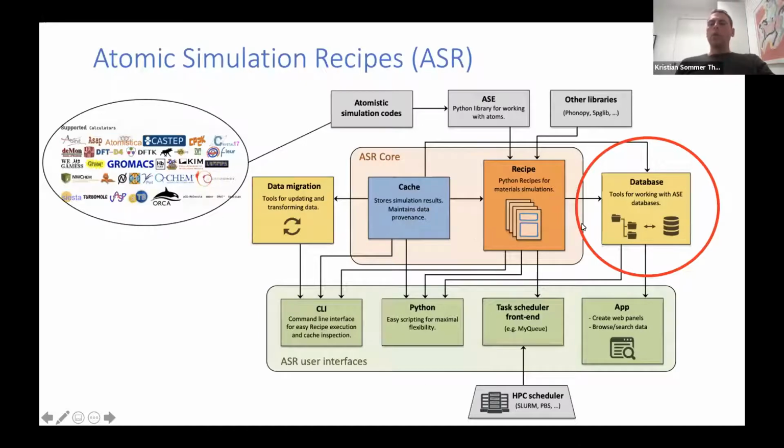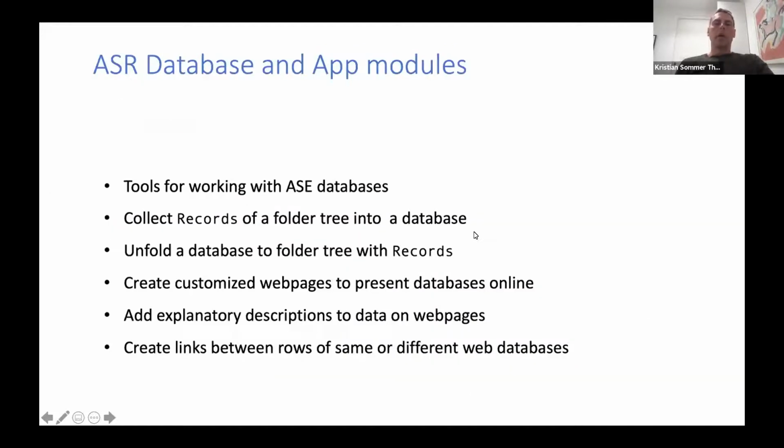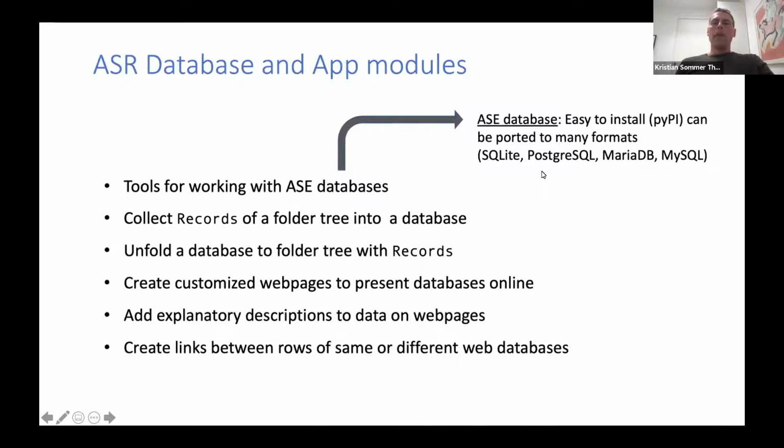Okay, so now we come to the database part. So ASR has a number of tools for working with ASE databases and presenting them as websites. So ASE databases are really simple to work with.